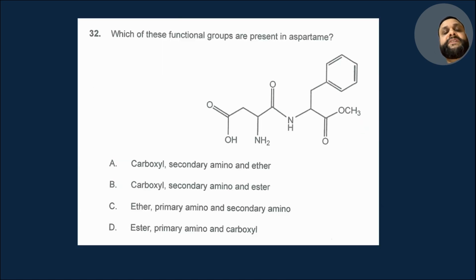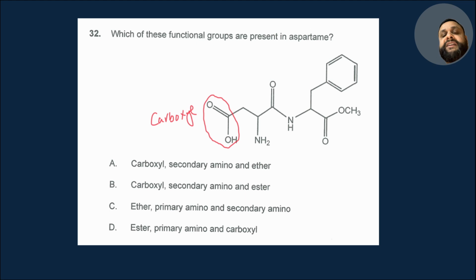Question 32. Which of these functional groups are present in a given compound? So careful with this question, because in IB chemistry, functional group and class of compound are two different things. So let's start working. What we have here is class is carboxylic acid and the functional group is carboxyl.